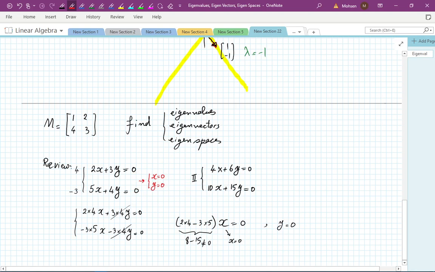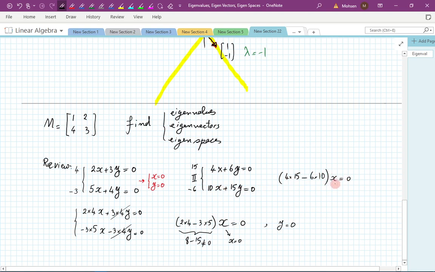How about here? Suppose we apply the same trick. Let's cancel y. So I multiply this by 15 and multiply this by 6, so that when I add them up, the y goes away. But what do I get this time? 4 times 15 minus 6 times 10, times x, equal to 0.